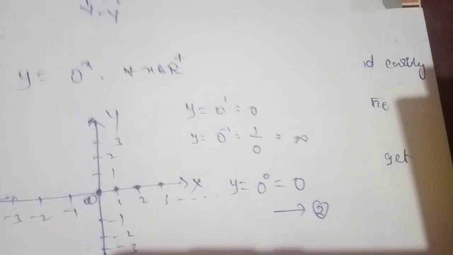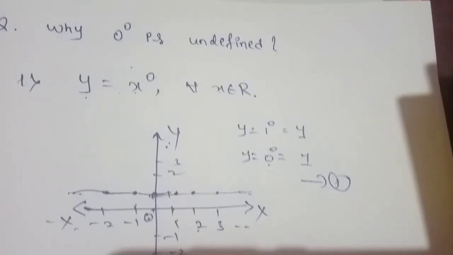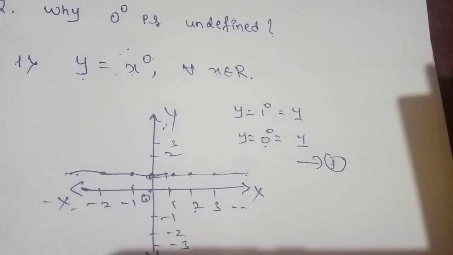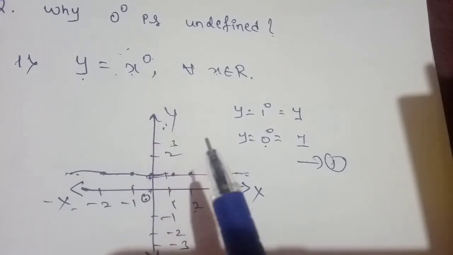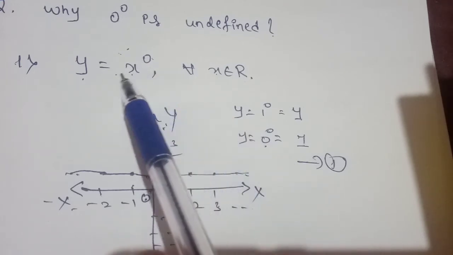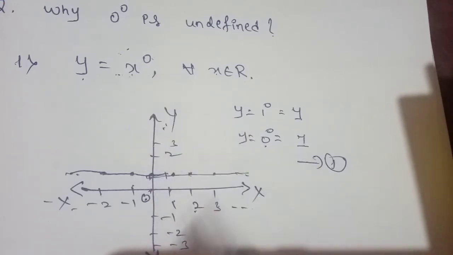Number 2, here we get two hypotheses, that is, I defined two functions. y is equal to x power 0, and by the induction hypothesis, by giving the x value 0, I get the value 1.